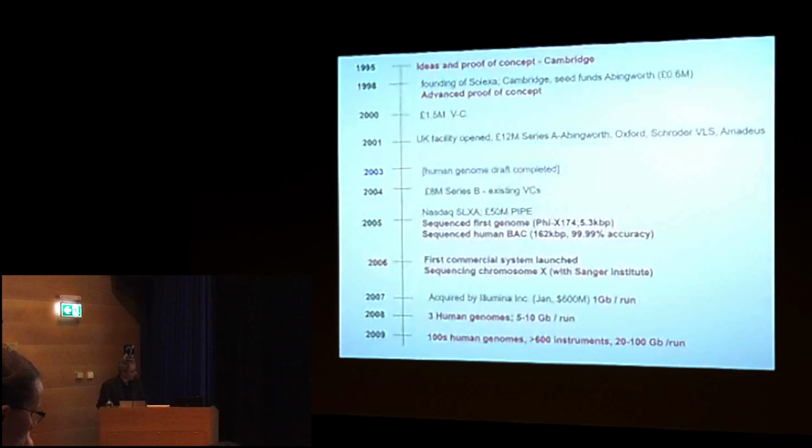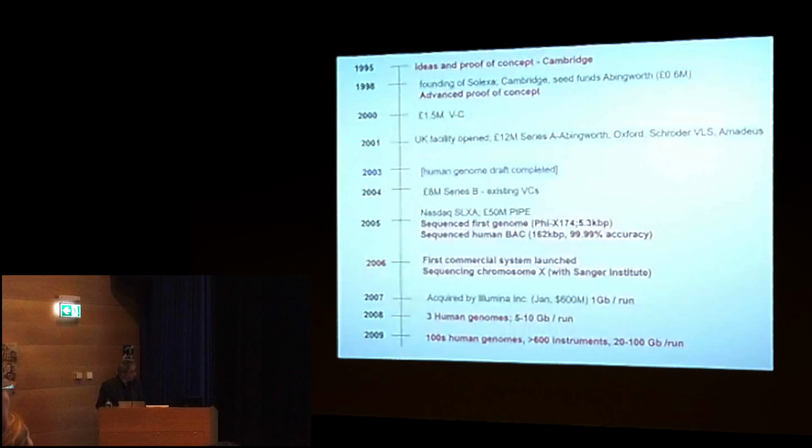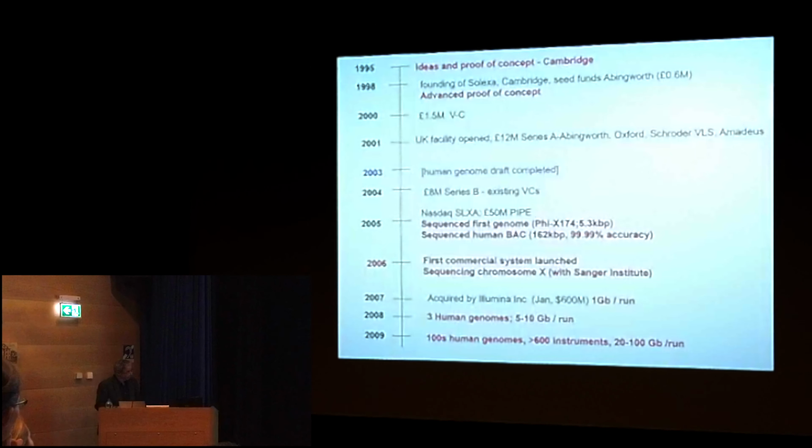In 2006, the first commercial instrument was launched. And in 2007, the company was acquired by Illumina. The investors had put £170 million in to fund the work, and they received 600 million. Then everything proceeded faster with Illumina.